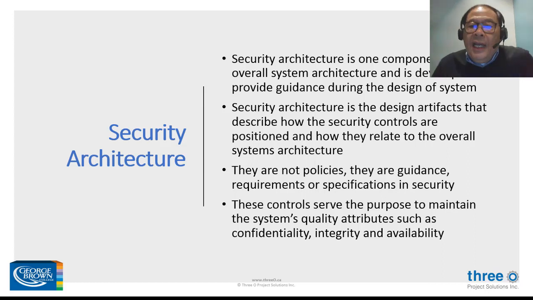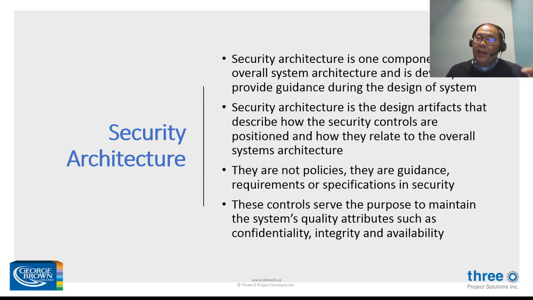Security architecture is one component of the overall system architecture and is developed to provide guidance during the design of a system. Normally, when you design an information system, you have a system architecture covering what network it should use, how data should be checked on input or output, and so on.